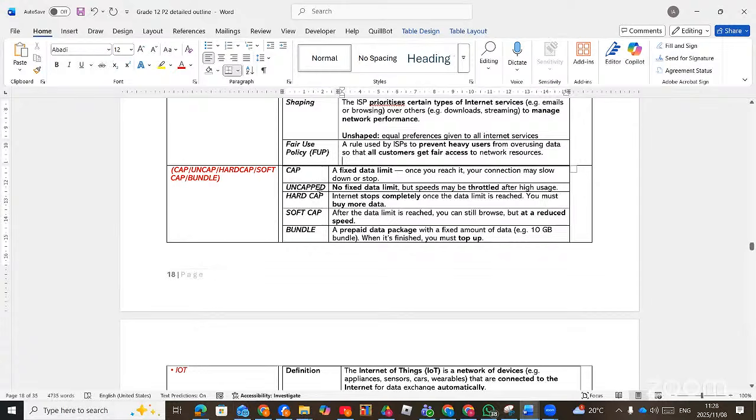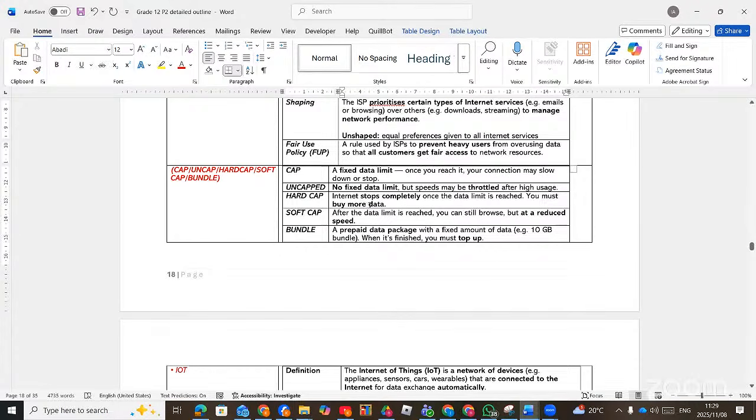Then uncapped, no fixed data limit, but the speed may be throttled or reduced after high usage. Like I said, they apply throttling to uncapped. If you use a lot of bandwidth, then they will reduce your speed.